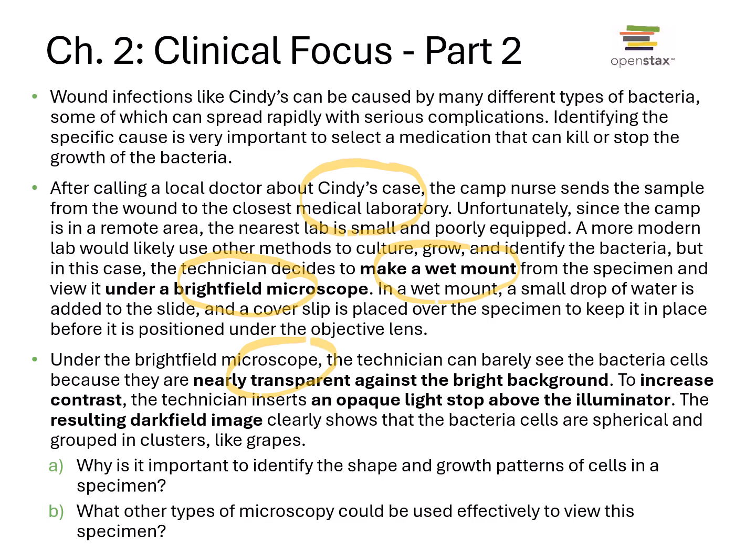So to increase contrast, the lab tech inserts an opaque stop. So we're doing dark field microscopy. And now with dark field microscopy, she can see, or he can see, that the cells are spherical and grouped in clusters. So think about why shape and growth pattern, that cluster, might be important, and then what other kinds of microscopy could be used.